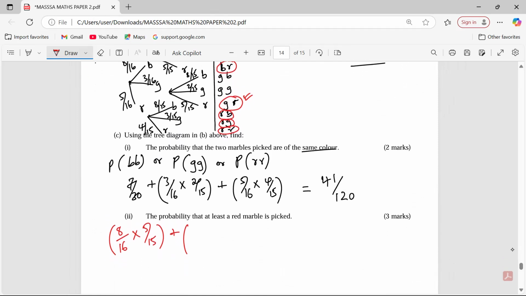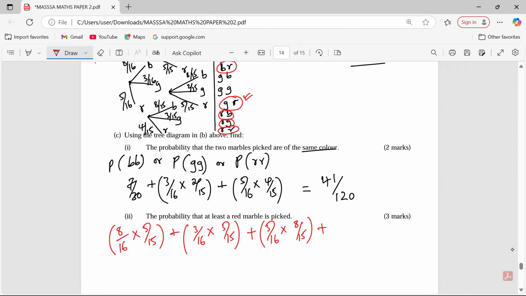So green, 3 over 16, followed by red, 5 over 15. Or red, then blue. So 5 out of 16, then blue means 8 over 15.